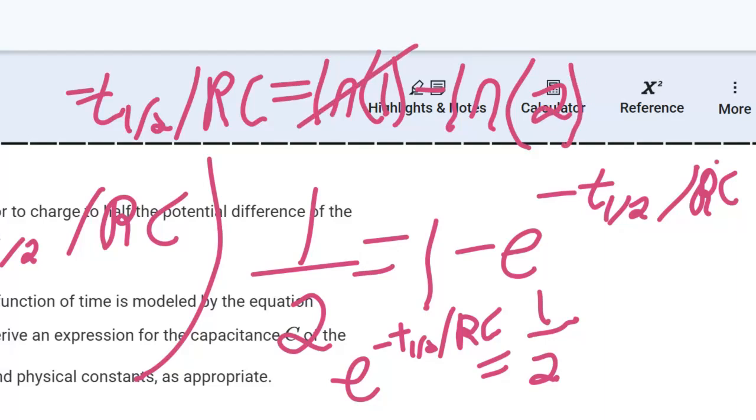So we have two negatives, and they'd cancel, so we'd be left with T 1/2 over RC equals ln 2, and then we could just rewrite it as C equals T 1/2 over R ln 2. That's our answer to A.